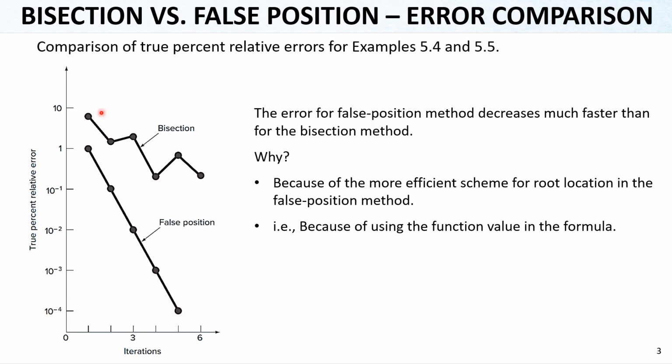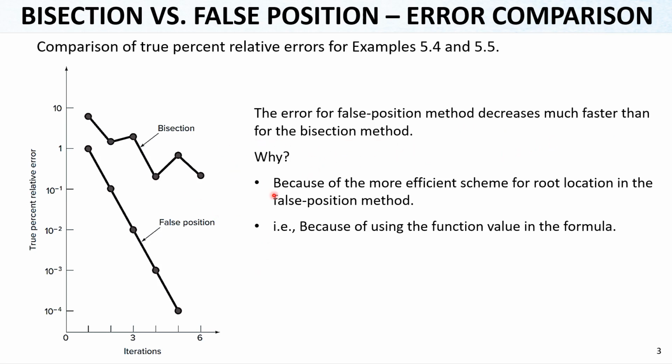But with bisection, you can see it's getting smaller, then a little bit higher, then smaller again, higher and smaller, and actually it's converging somewhere over here. So the error value is low, but not as low as what false position can achieve. The error for false position decreases much faster than bisection, so let's ask the question why.